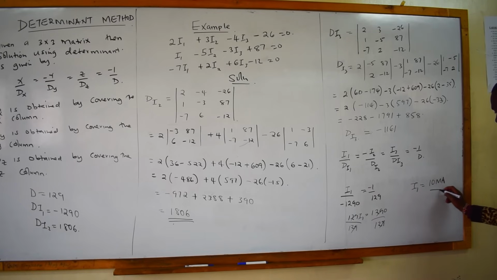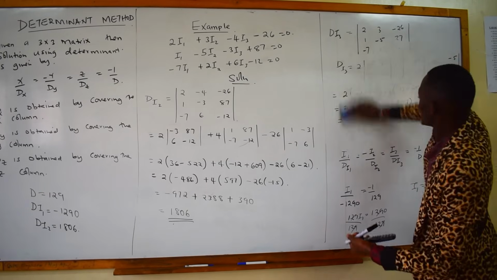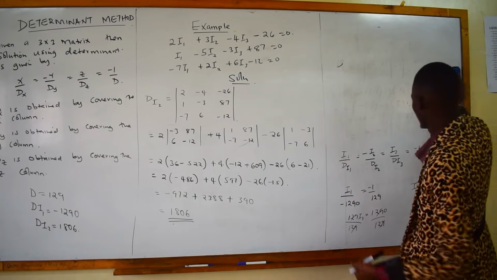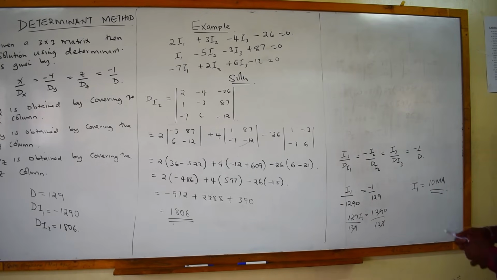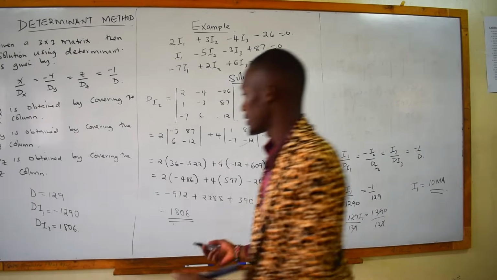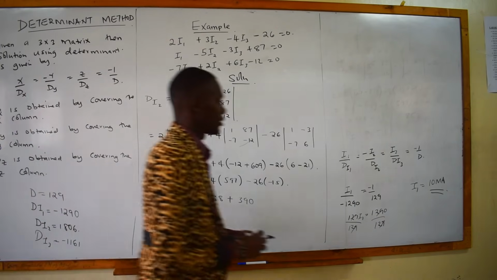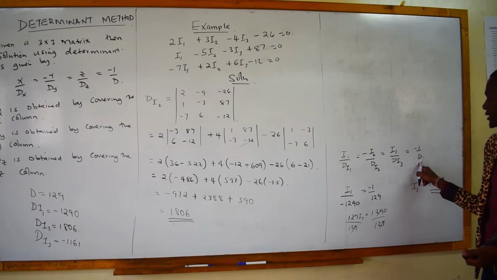So that is I1. Now we can check our value for I2. So remember we can write our value for DI3 here is negative 1161. Now our I2 therefore is given by, now compare I2 with the negative of that.